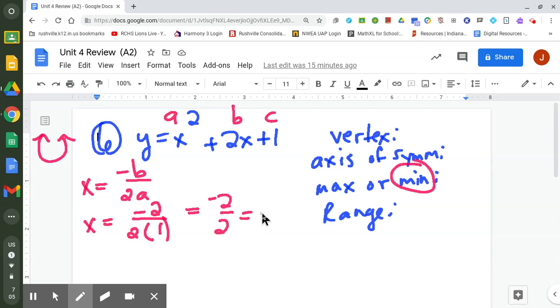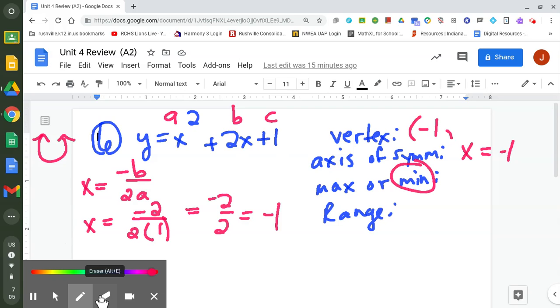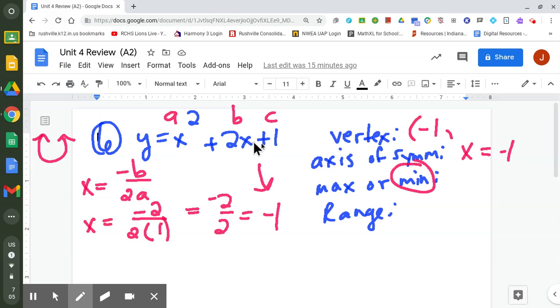So my vertex, the x value is negative 1. And so the axis of symmetry is x equals negative 1. So at this point, you could get into Desmos to find it, or you could substitute this negative 1 into that equation to find the y.